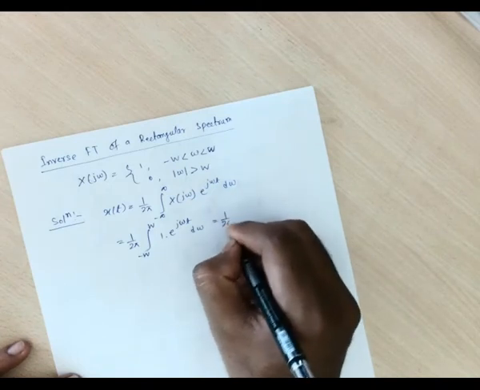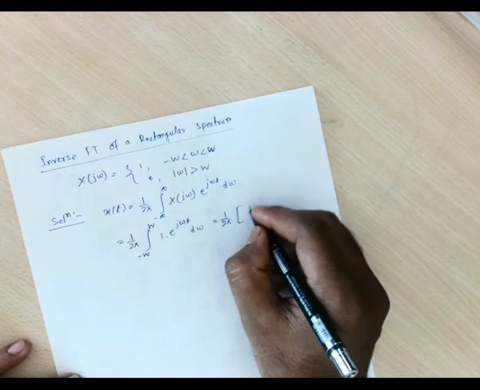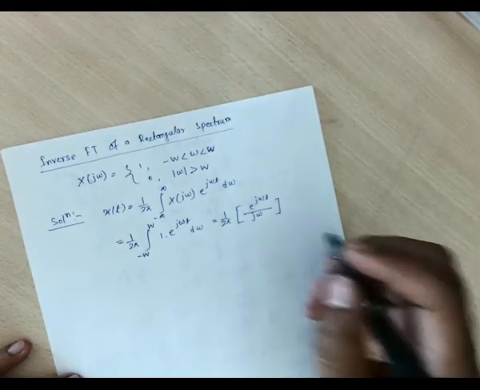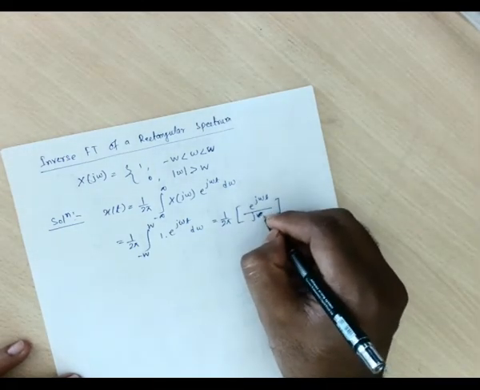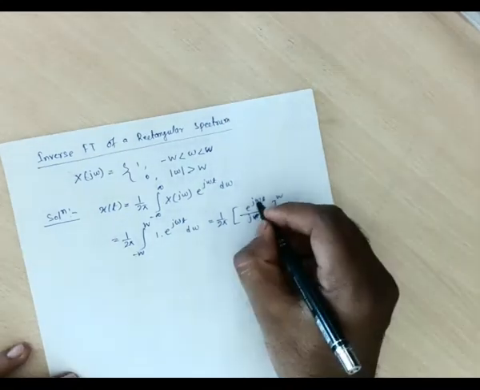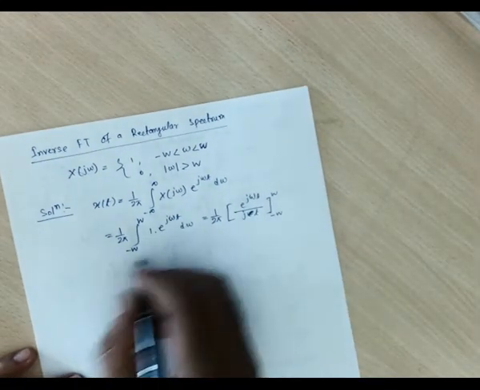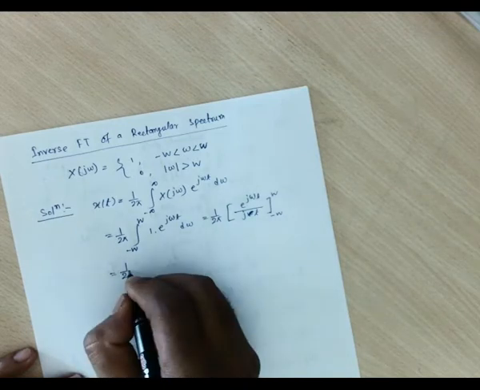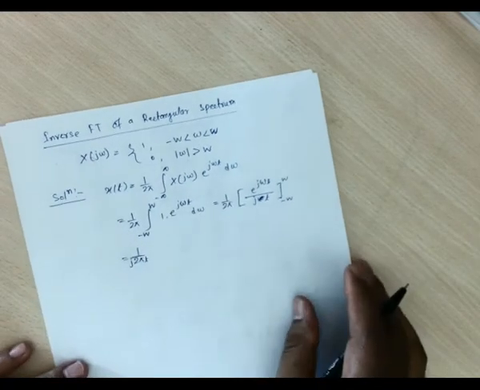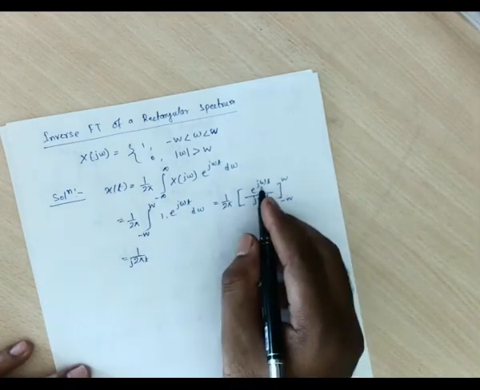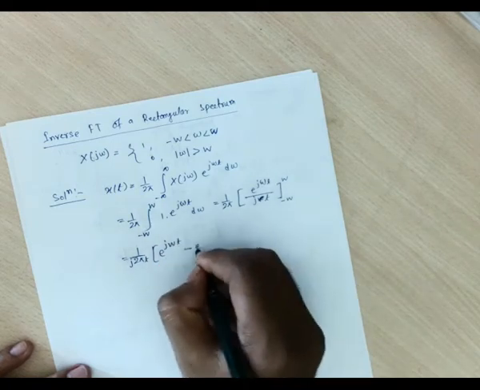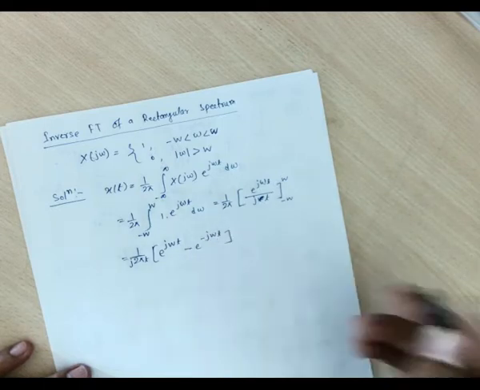If you do the integration, jt will come, as we have been doing with respect to omega, and it is from minus W to W, so we replace omega by W. So it is 1 by j 2 pi t, then this will become e to the power jWt minus e to the power minus jWt, right?